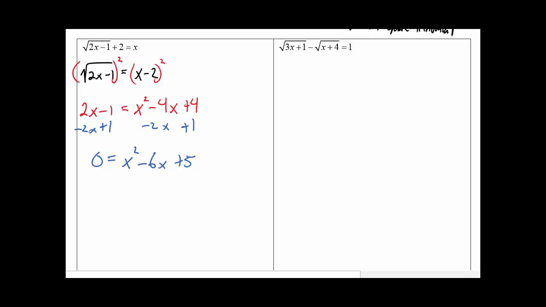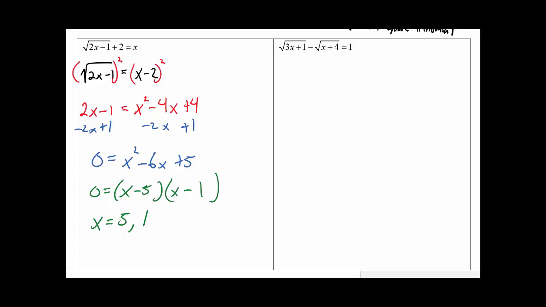Okay, so then we try to use our solving techniques, and I think factoring is perfectly fine for this one. So let's see, we get (x minus 5)(x minus 1). So we get two solutions, 5 and 1.